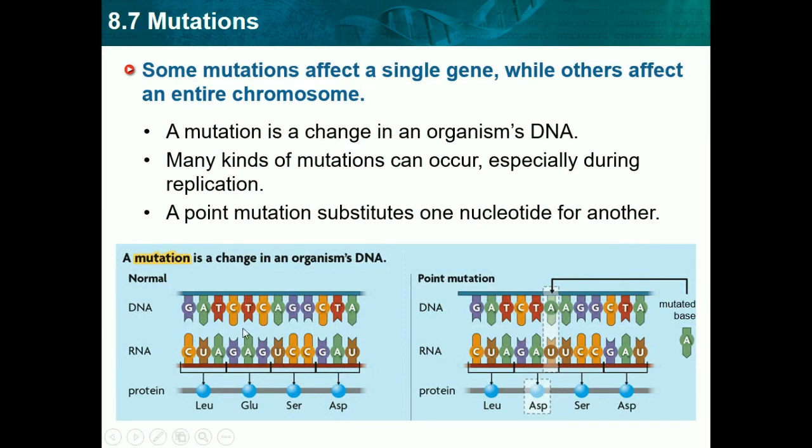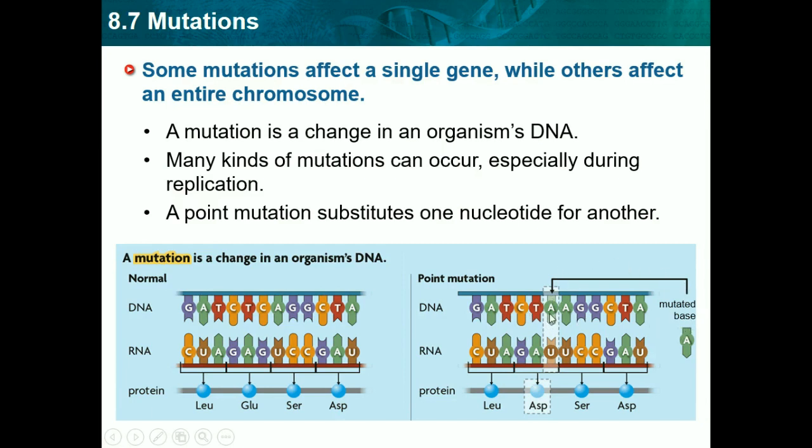A mutation is a change in an organism's DNA, we already know that. So this is our normal DNA and RNA protein chart. This is our regular DNA. We have G, A, T, C, T, and then we have a C after it. Here we have GA, which is our point mutation, GATCT, and then we have the mutated base here.